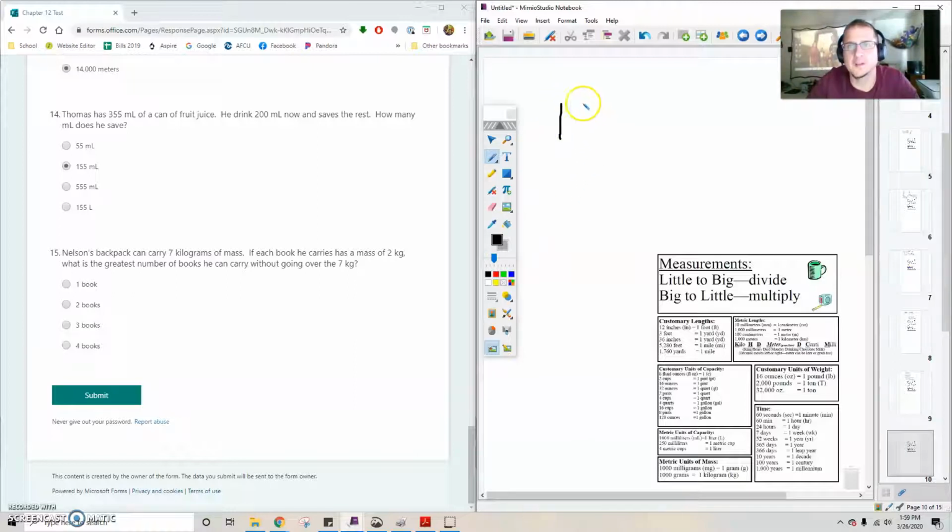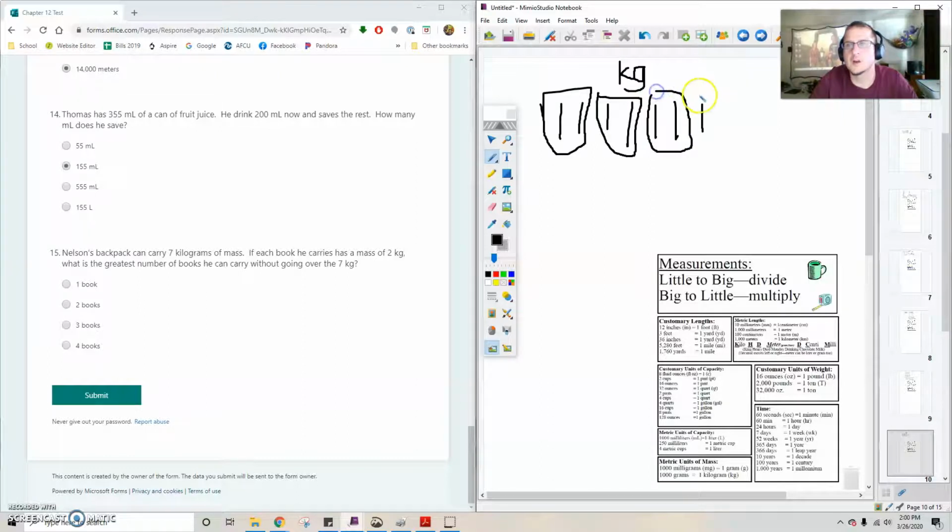So I'm going to start by just going 1, 2, 3, 4, 5, 6, 7. There's the 7 kilograms that his backpack can carry. We'll even label that up there. 7 kilograms. Each book weighs 2. So let's circle. There's a book. There's a book. There's a book.